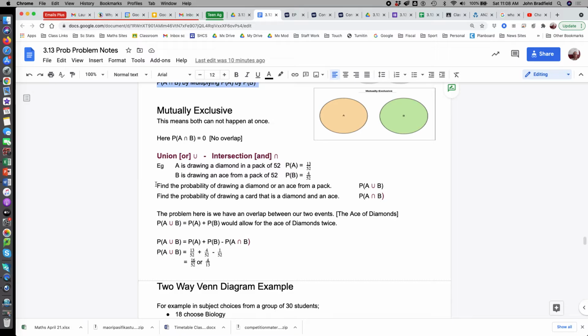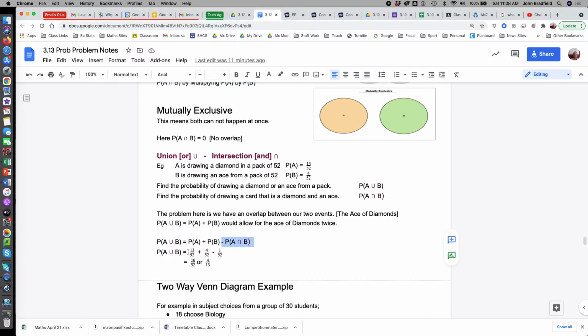If we're looking at union, the probability of drawing a diamond or an ace, that would be A union B. And the problem there would be there'd be an overlap, because the ace of diamonds would get counted in both. So rather than just the probability of a diamond plus the probability of an ace, we have to allow for any double ups, the intersection.